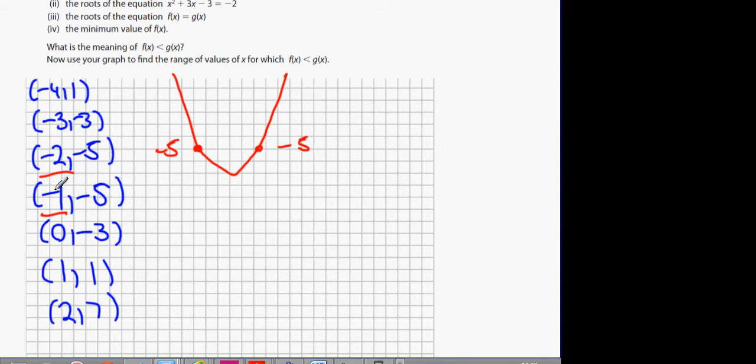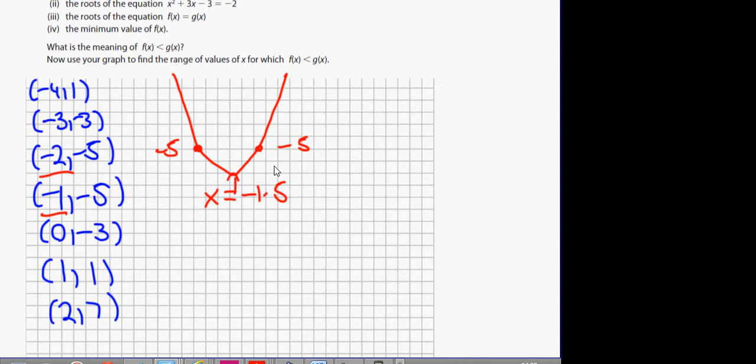Minus 1 and a half. Do you see the x equals minus 2, x equals minus 1? That means that the minimum point is going to be located at minus 1.5. Y is minus 5, that's the y value, and the x value is this way. So we already know that the minimum point is going to be x equals minus 1.5.